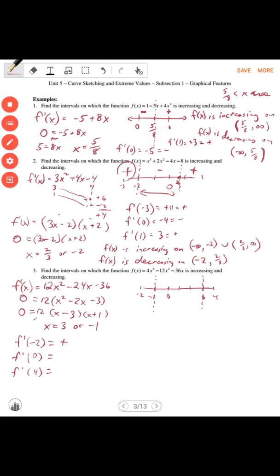I'm not really dealing with the 12 because it's positive, so it doesn't really change anything ever. So you got negative 3 times positive 1, so that's going to be a negative. Okay, and then when it's 4, 4 minus 3 is positive 1, 4 plus 1 is positive 5, so a positive times a positive is a positive again.